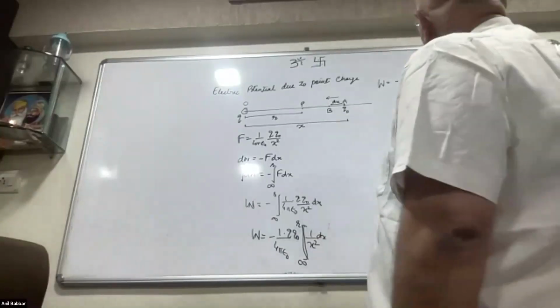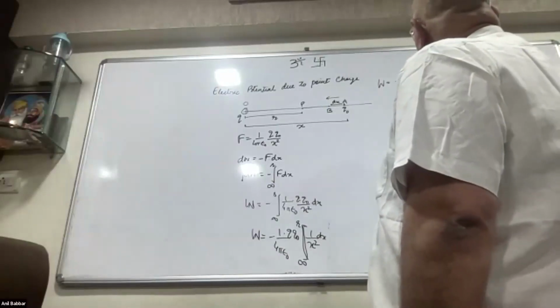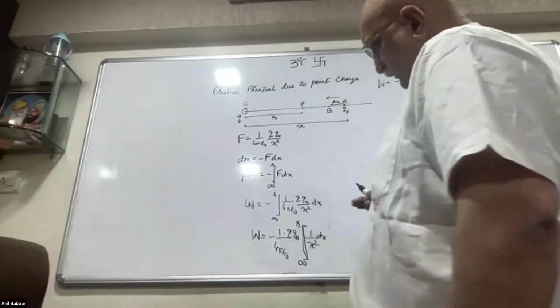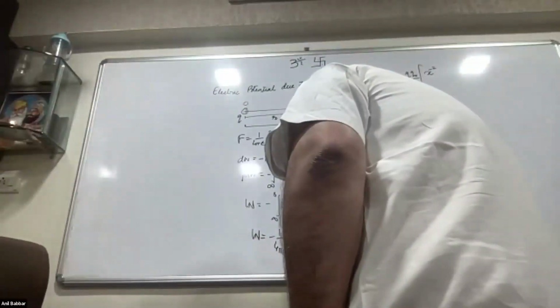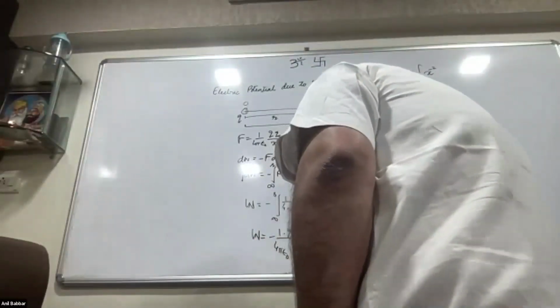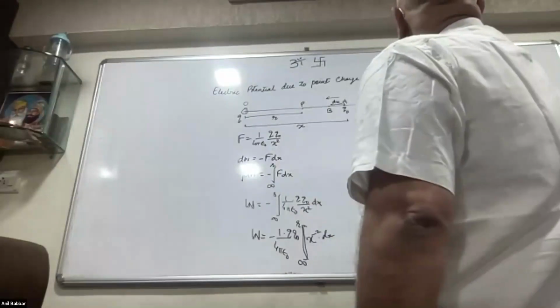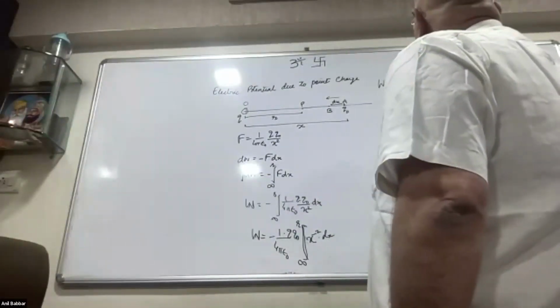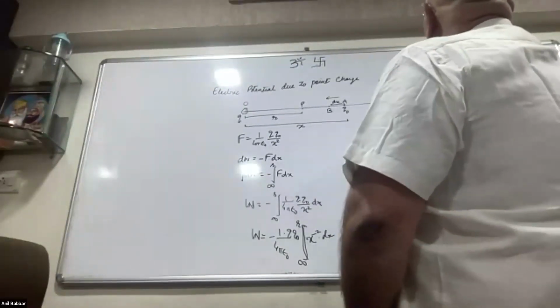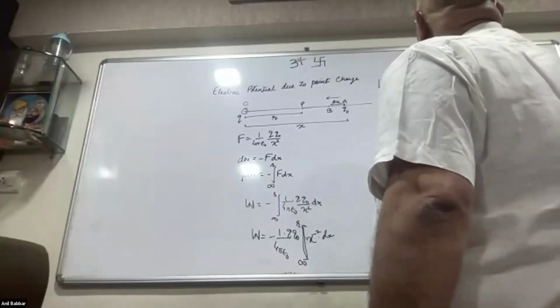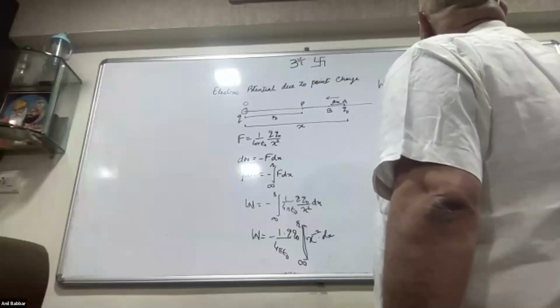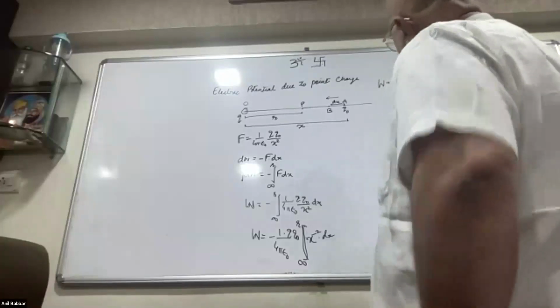So integration of this will be x raised to power minus 2, I can write over here also, x raised to power minus 2 dx. So this is x raised to minus 2 plus 1 upon minus 2 plus 1, or minus 1, from infinity to say R.